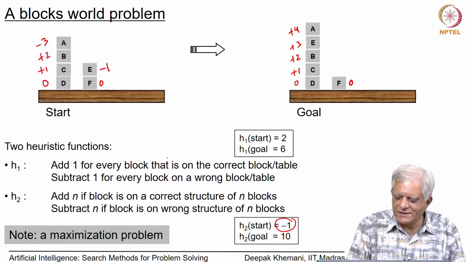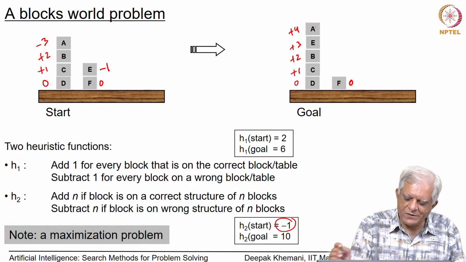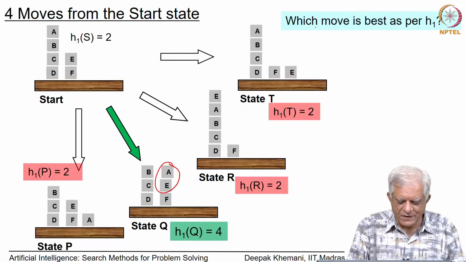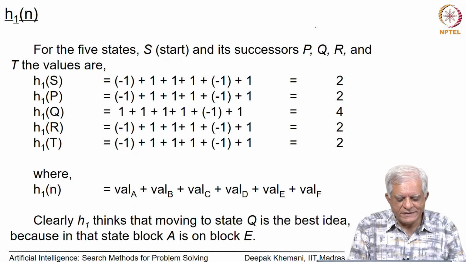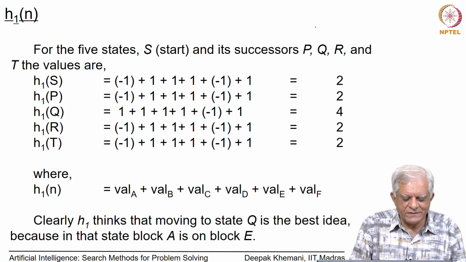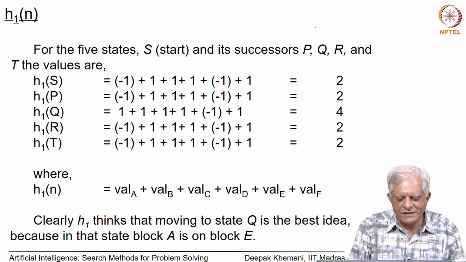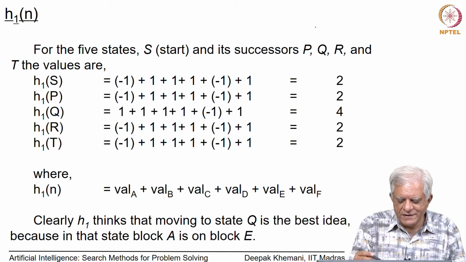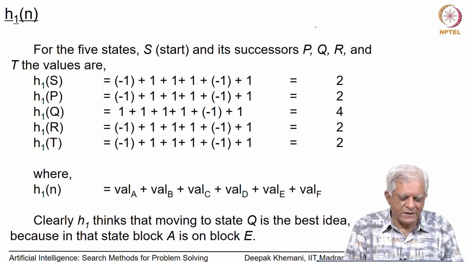Okay. So, in the goal state A was supposed to be on E essentially. So, this algorithm will move to state Q, and this simply shows the computation that we have done. We have added 1 for everything which is on the correct spot and minus 1 for everything which is on the wrong spot, and this simply gives us the value that we have just computed.